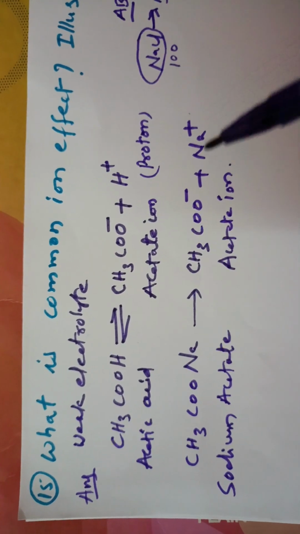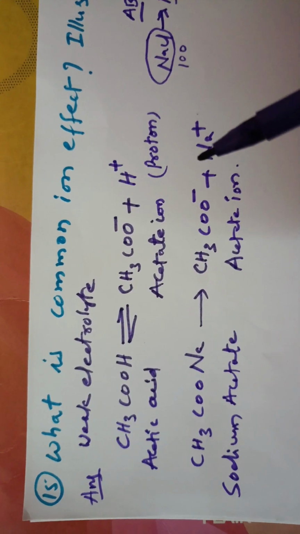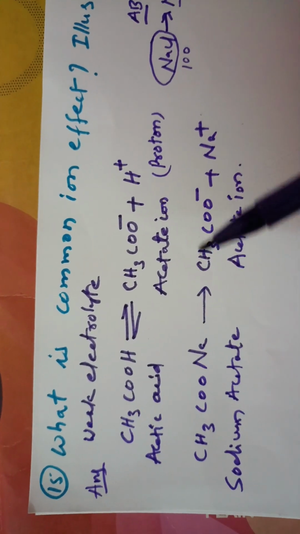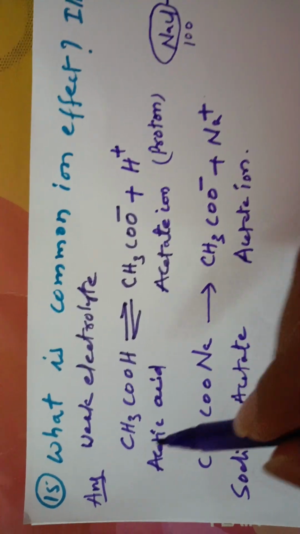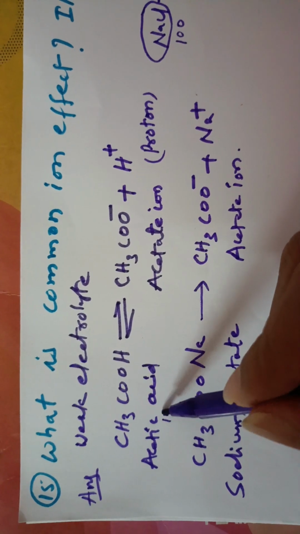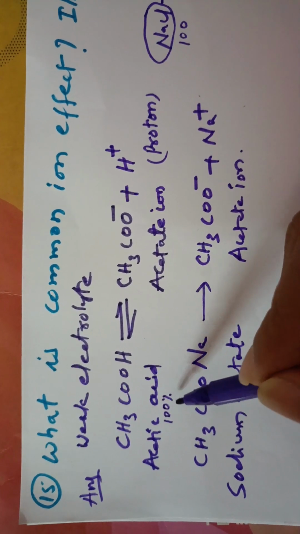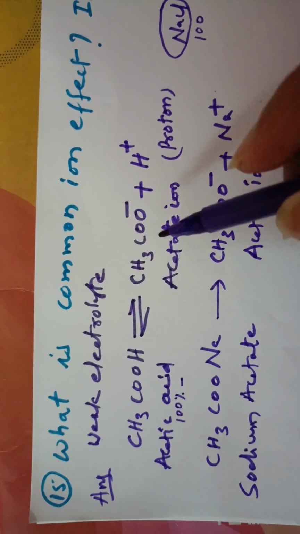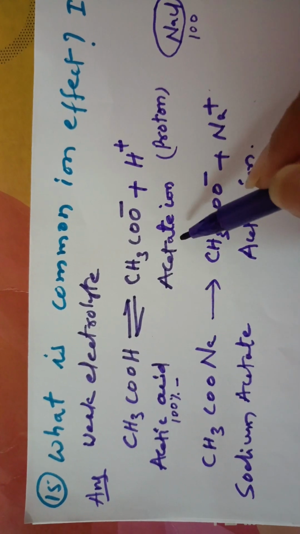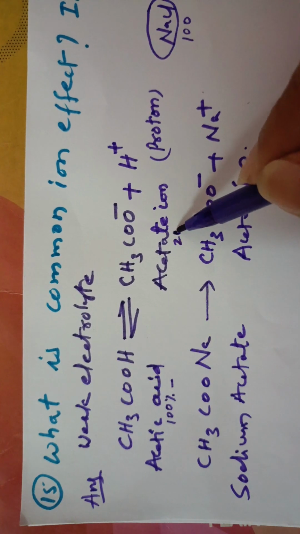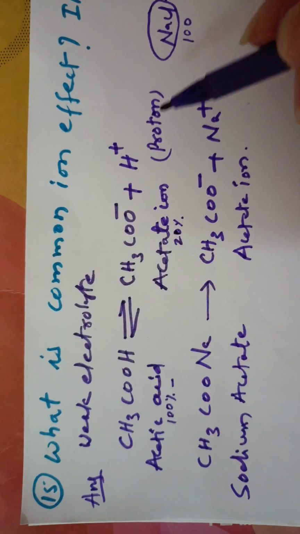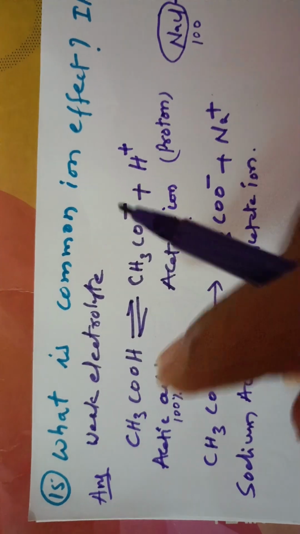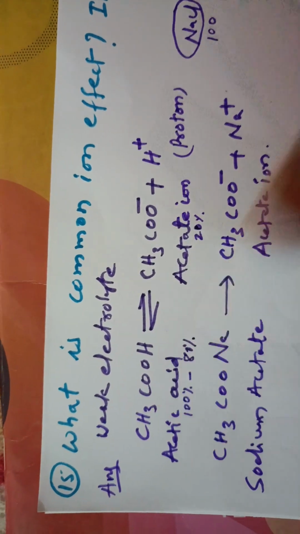After that, it attains equilibrium. Suppose you take 100% acetic acid, and initially only 20% dissociates into ions. The remaining part, 80%, is here.